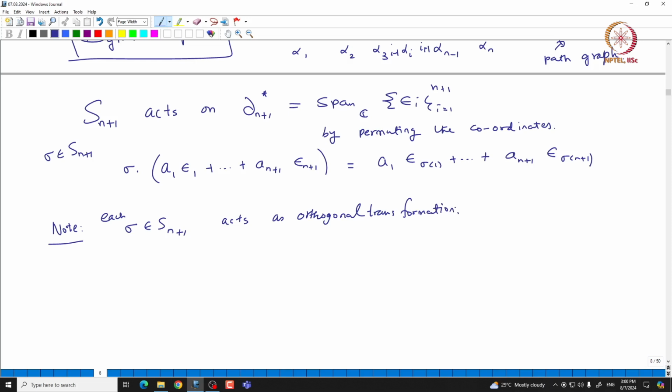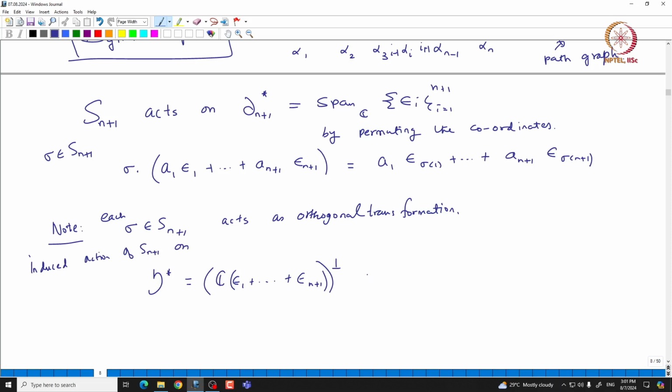In particular, we have the induced action on the H star, which is identified with the orthogonal complement of the one dimensional space spanned by epsilon 1 plus etcetera epsilon n plus 1. So, there is this induced action of S n plus 1 on this H star.